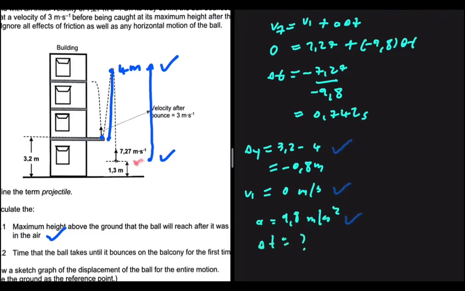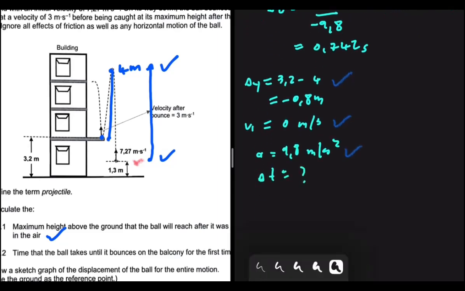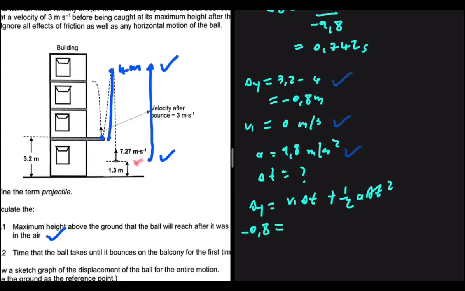With these four variables, which equation can we use? Delta y is equal to Vi delta t plus a half acceleration delta t squared. So delta y, minus 0.8, is equal to, Vi is 0, so this term is going to fall away. We are only left with a half our acceleration, minus 9.8, delta t squared.